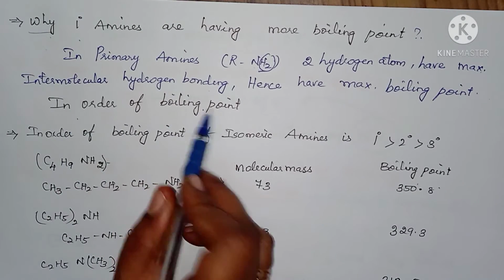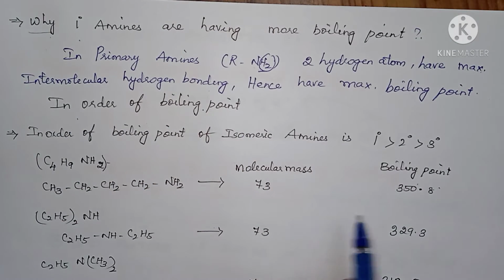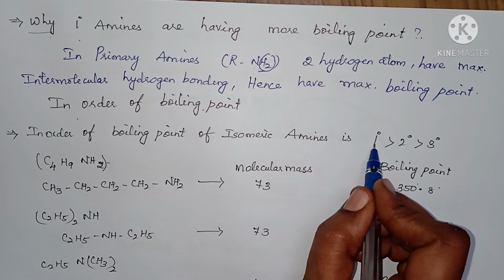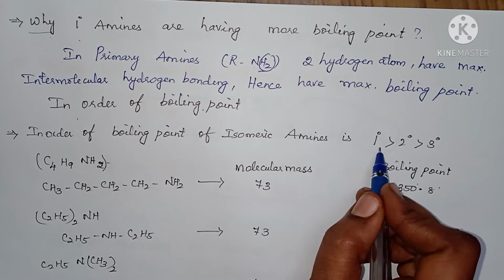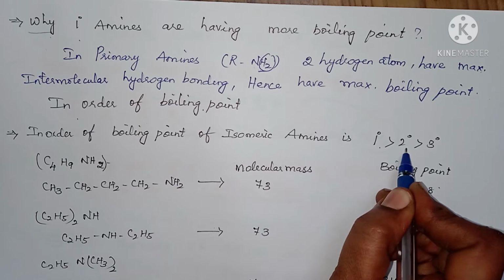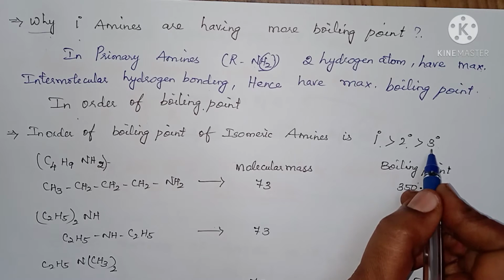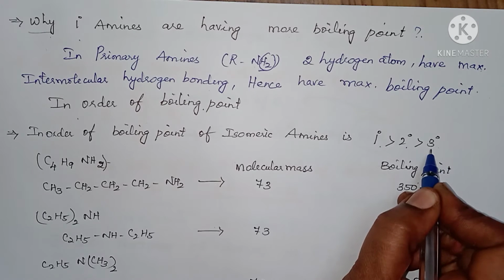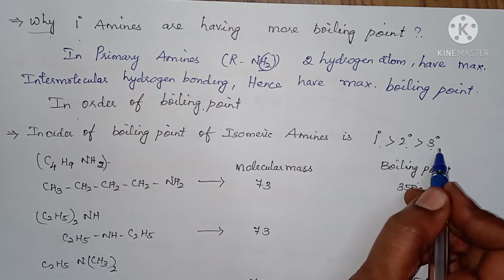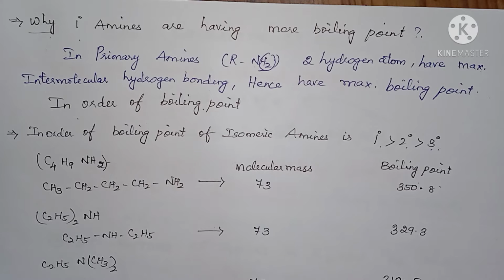In order of boiling point, primary amines have a higher boiling point than secondary amines and tertiary amines. Tertiary amines have a lower boiling point because there is no hydrogen atom. This also you can give as the answer.